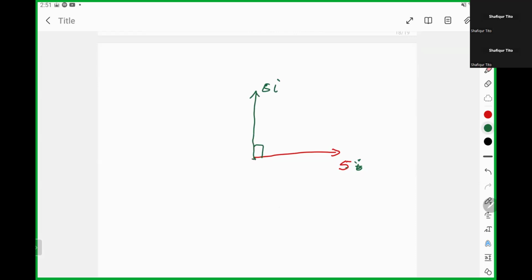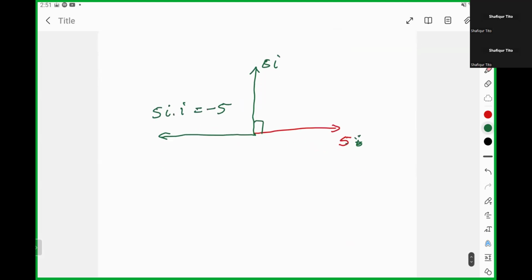If I multiply by i another time, it becomes 5i times i, which equals minus 5. That is what I'm trying to say: if you want to make the opposite, you have to multiply by i twice. The opposite direction means 180 degrees, which is i twice, and 90 degrees means you multiply by one i.